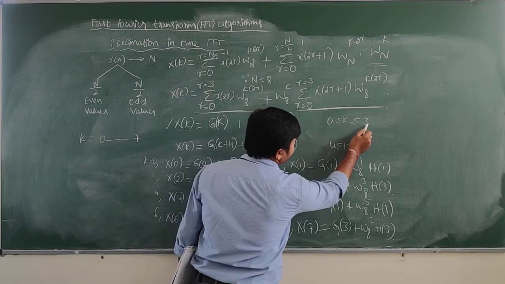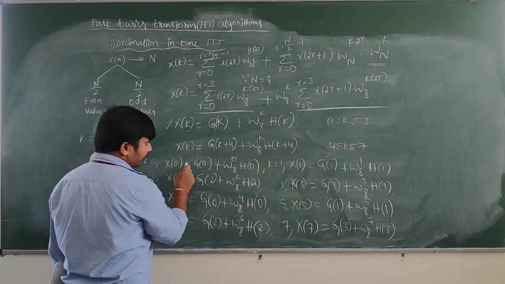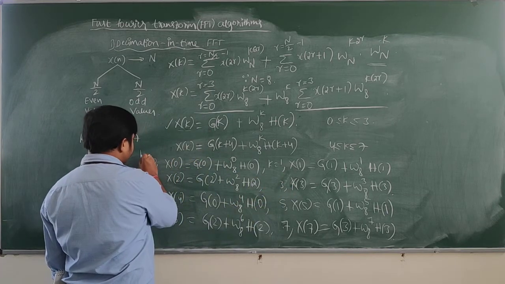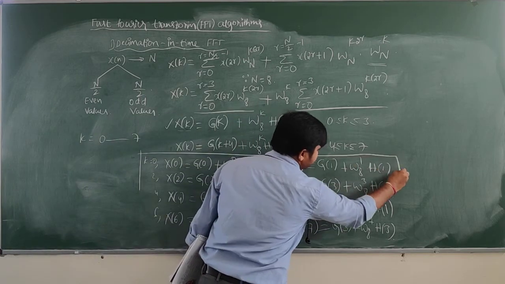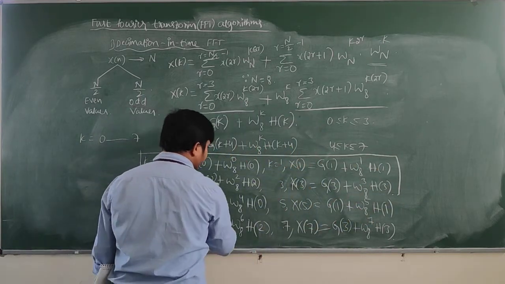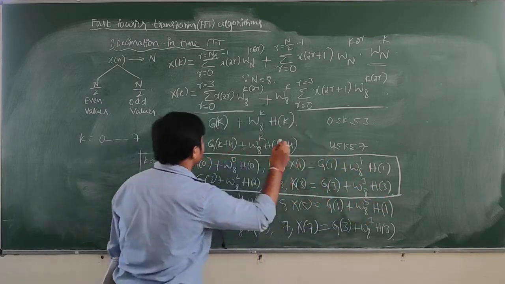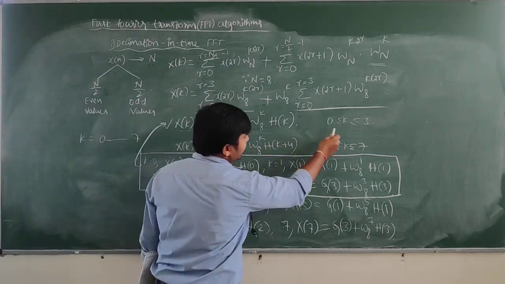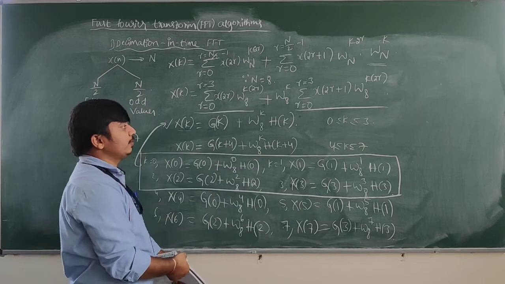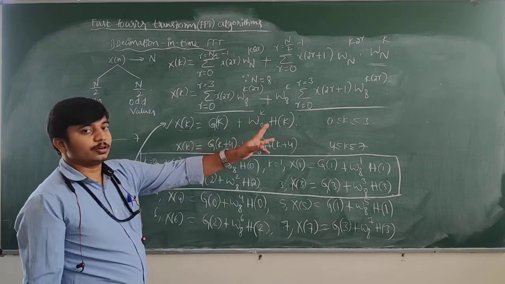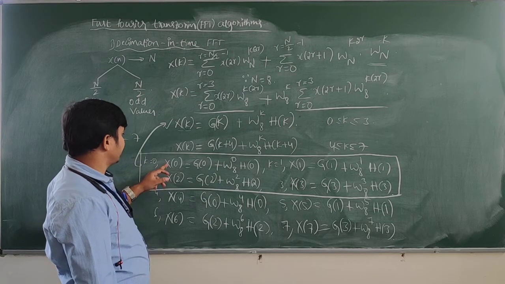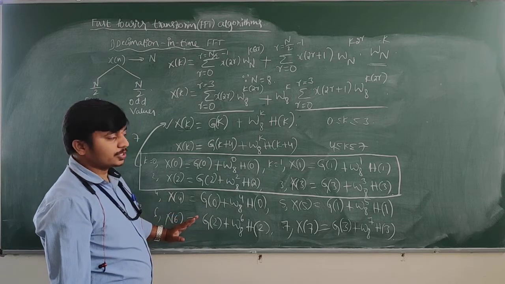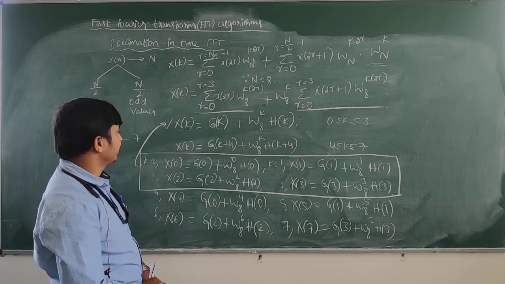It varies from 0 to 3, that is X of 0, X of 1, X of 2, X of 3. So these equations belong to the first equation, because I can give values for this k only from 0 to 3: k is equal to 0, 1, 2, and 3. Next, these 4 equations belong to the second equation. So how?